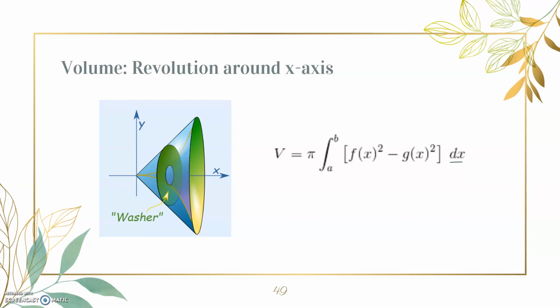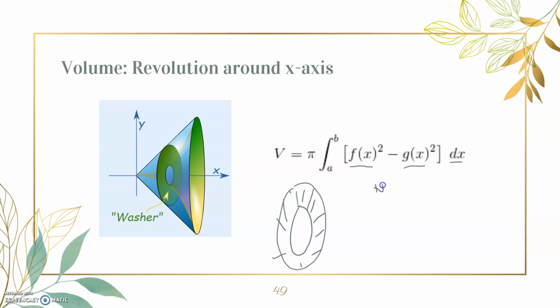Because you're taking the volume of a single washer, you want the area of the base, which is going to be the big circle minus the little circle, and then times the height. So this is the radius of the big circle squared minus the radius of the little circle squared, because you want to take those areas away.